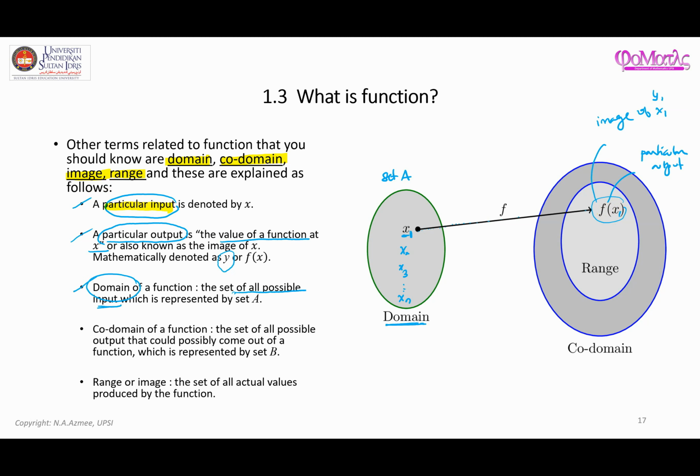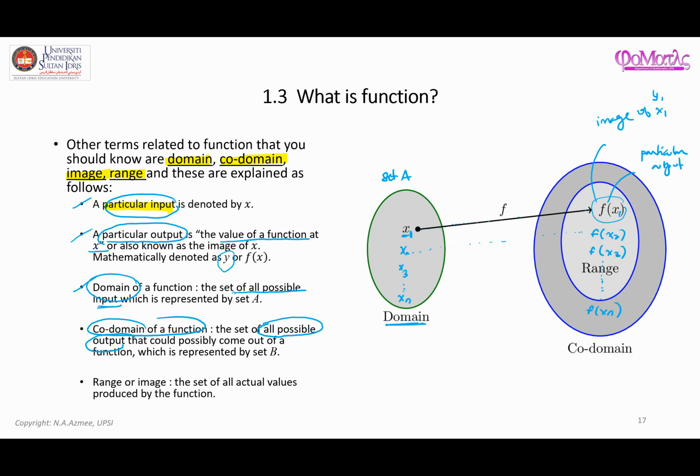Okay, so we have done with these definitions. Now when you have all possible outputs that could possibly come out of a function, which is represented by set B, then that is the definition of a codomain of a function. The codomain of a function consists of all possible outputs. So for example, x2 here could be given as f(x2), and you also have f(x3), dot dot dot, you may have f(xn).